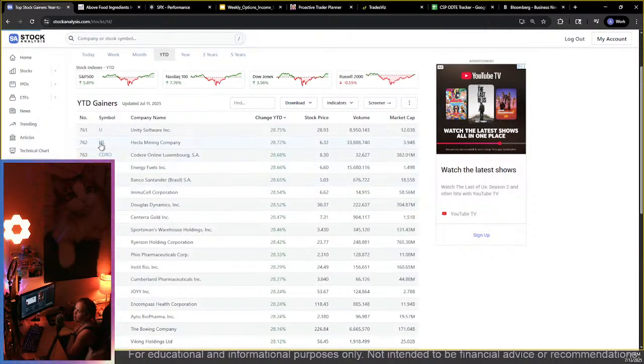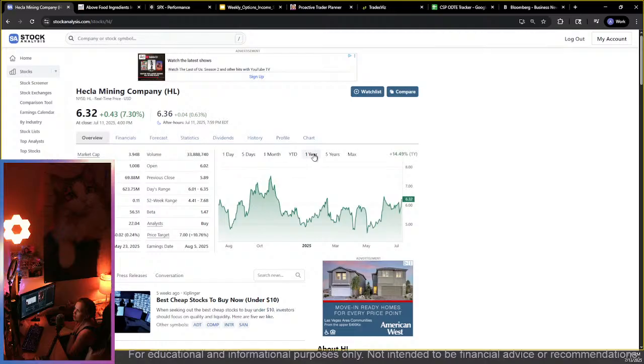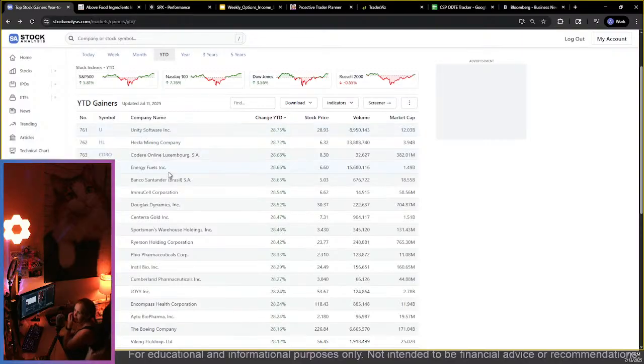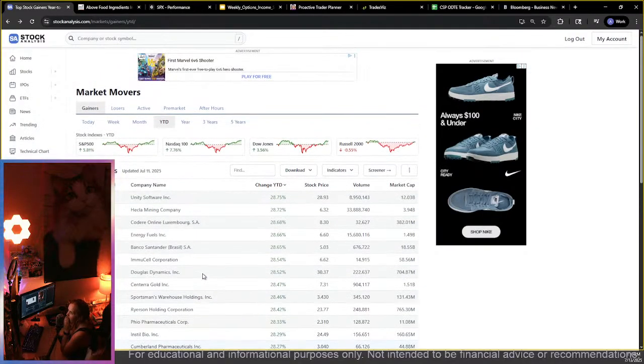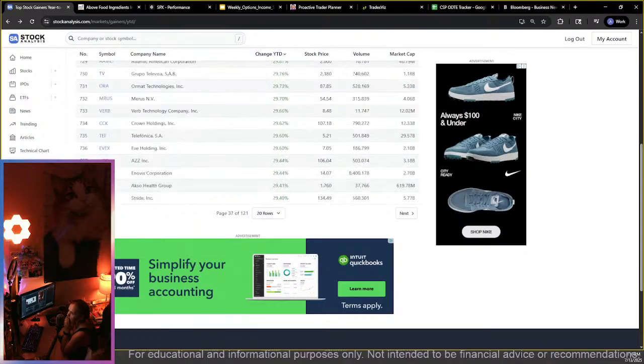They have mining companies. Anyway, so yeah, I kind of like this for trade ideas. Using this.